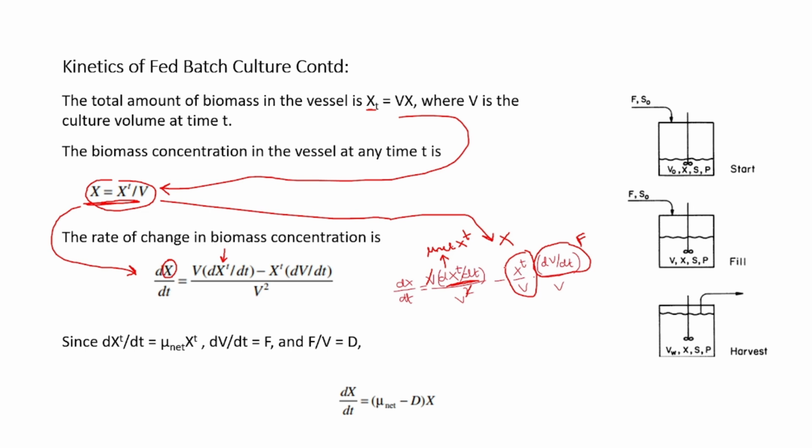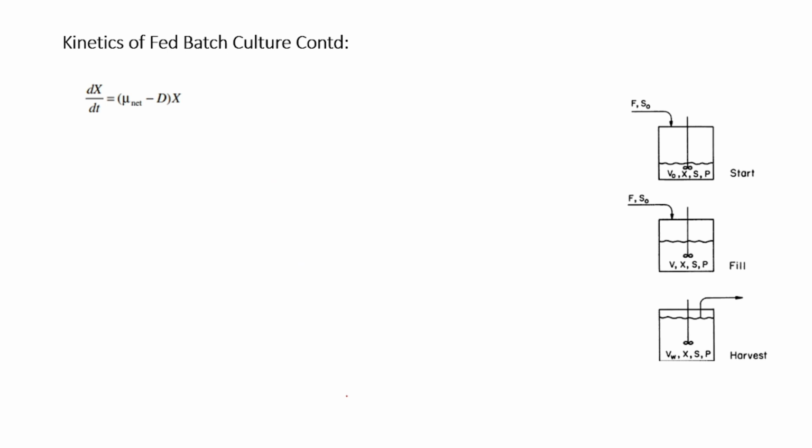Here you are getting Xt by V, and one V is left, so Xt by V is capital X that you are getting. And F by V means the dilution rate D. So simply it can be written from this expression only. If you substitute all the values here, you will get dX/dt is mu net minus D whole into X. So this expression we have derived.